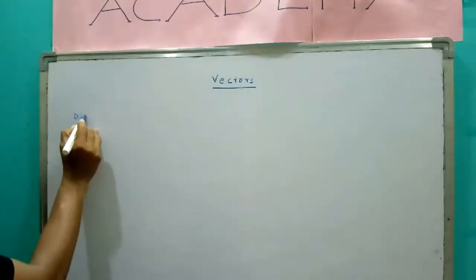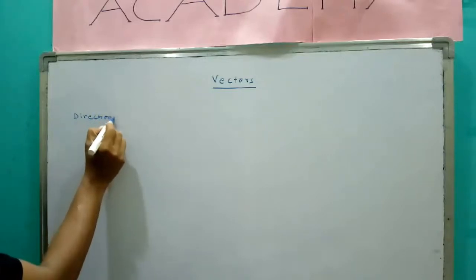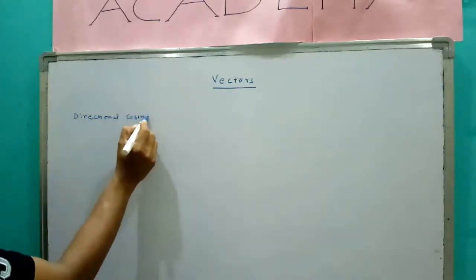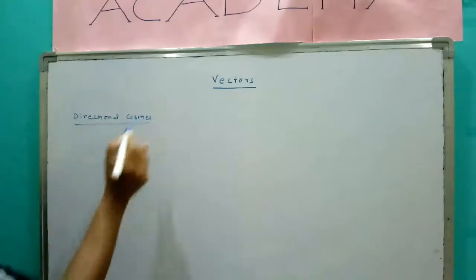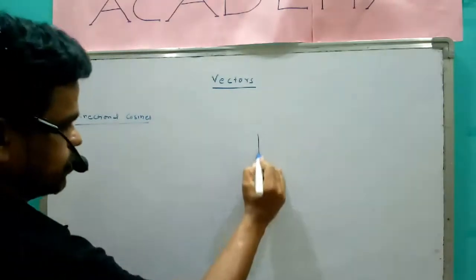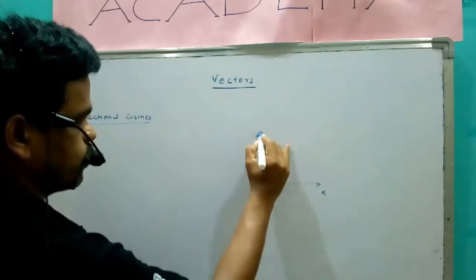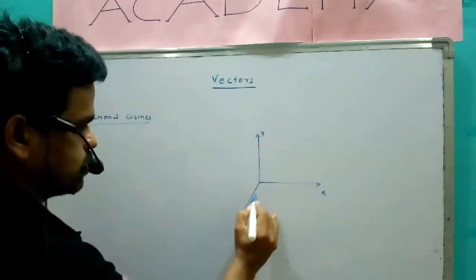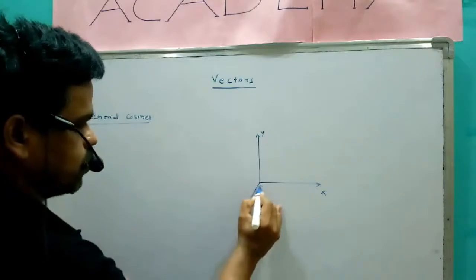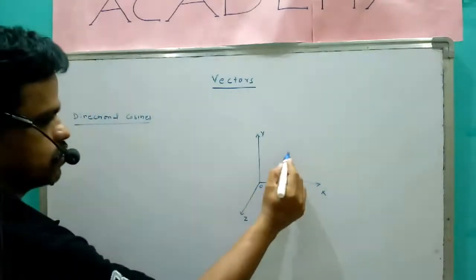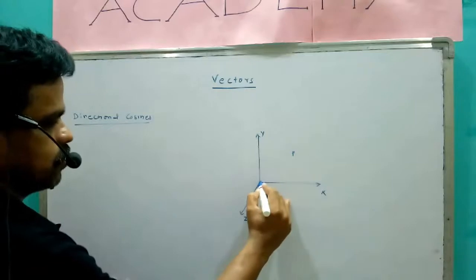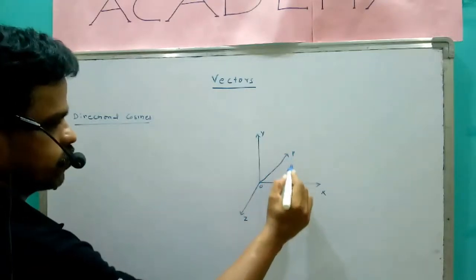Directional cosines. I want to write x-axis, y-axis, z-axis, origin. This is a point, with its position vector.